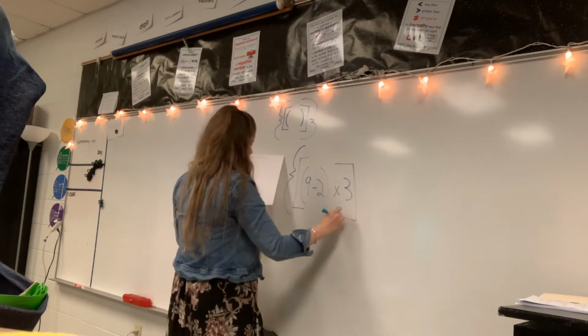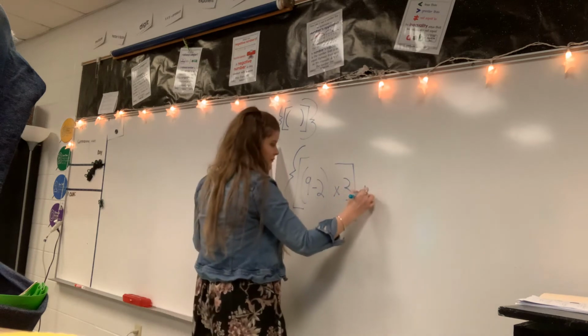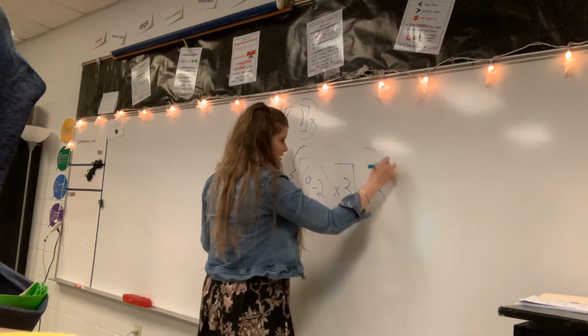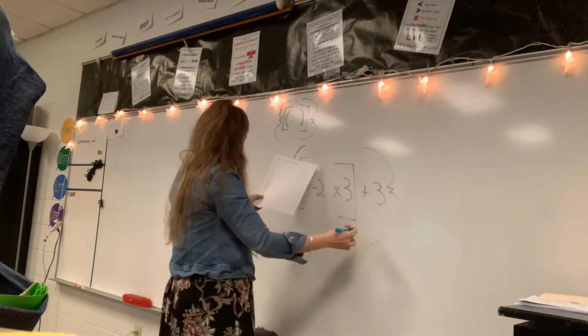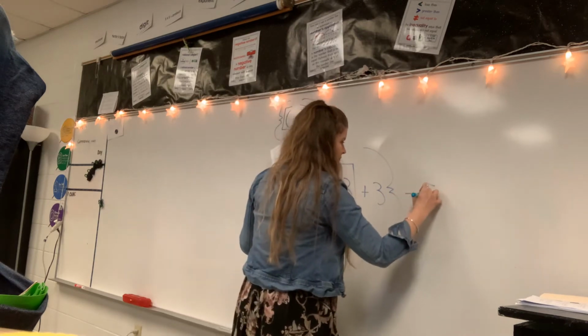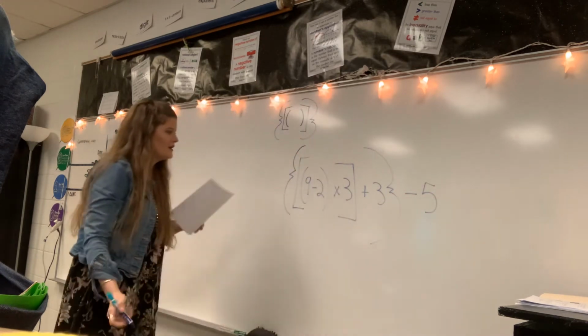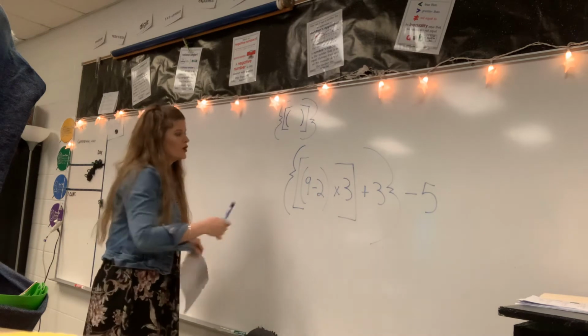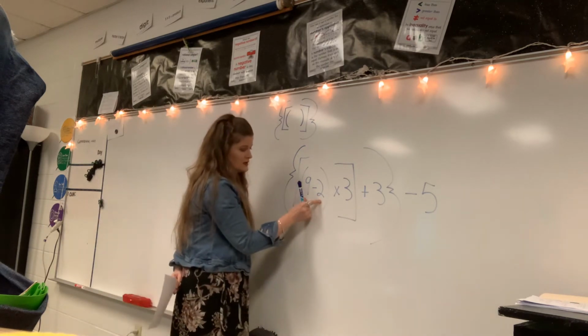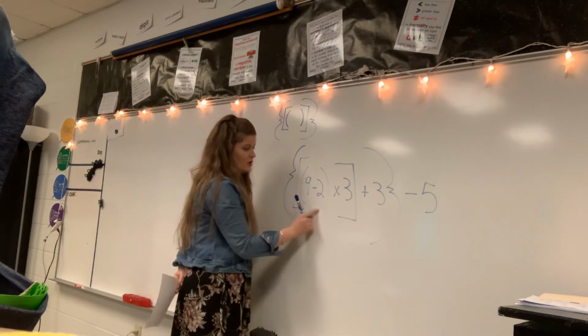Then my bracket's going to end. Then my braces is going to end. And I still have something on the outside. So again, we have to work from the innermost problem first, the innermost parenthesis.